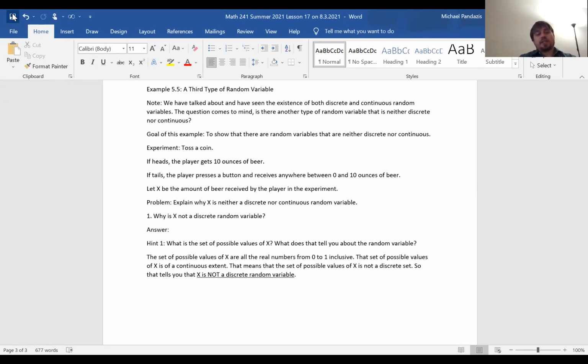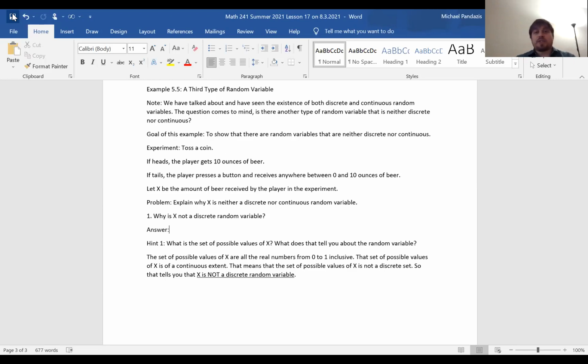So either your sample space is finite, which means it's discrete, or even though the sample space is infinite, you can list everything in your sample space. So if your sample space was 1, 2, 3, 4, 5, 6, 7, 8, 9, 10, 11, 12, and so on, that would be a countably infinite sample space. It would still be discrete, X would be a discrete random variable, okay?